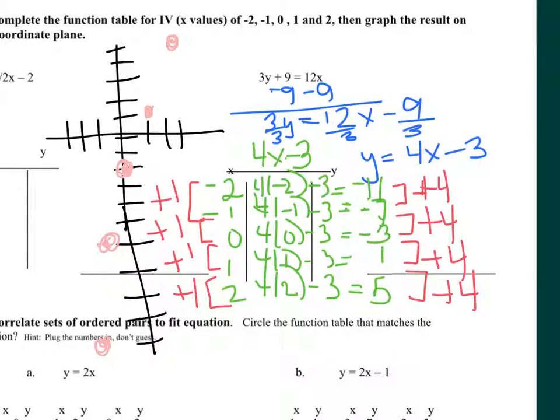So what we have is a line that looks like this. Again, this is a fairly steep line because our slope is 4. So remember, when you're looking at slopes, the larger slopes have more steep lines. The smaller the slope, the flatter the line.